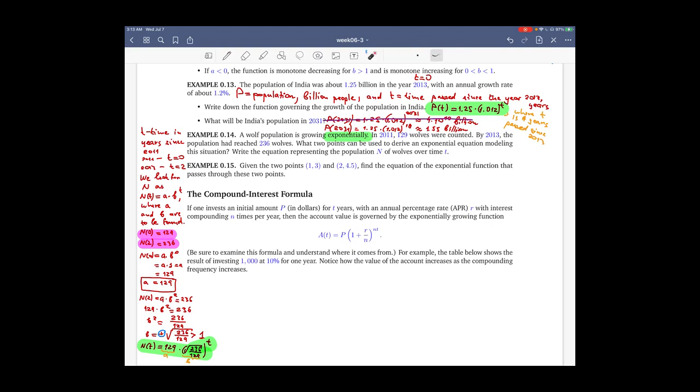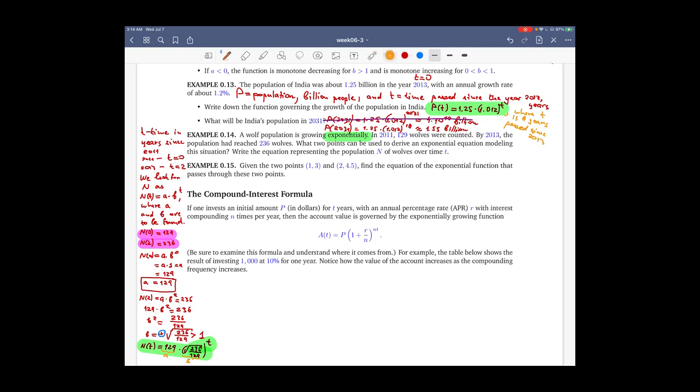The next example is very similar. Given 2 points with coordinates 1, 3, and 2, 4.5, find the equation of the exponential function that passes through these 2 points. Once you know that your function is exponential, 2 points is enough to reconstruct the function completely.